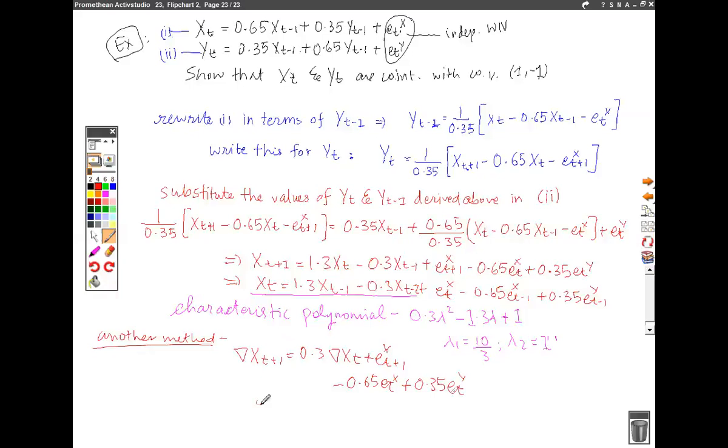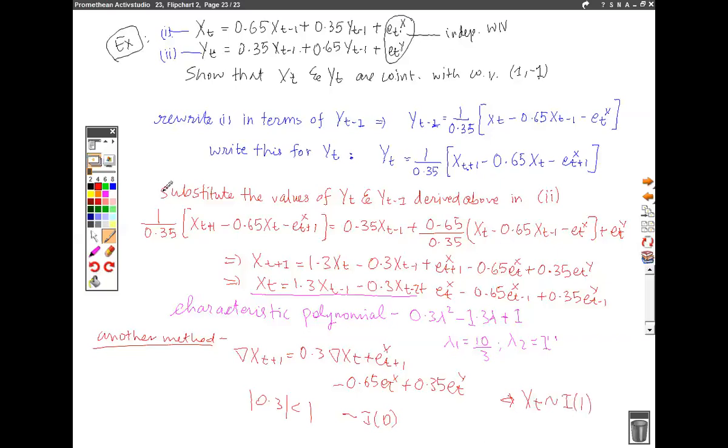And as we know that 0.3 in absolute terms is less than 1, which is why I want it to be less than 1, the process is clearly I0. So all of this implies that my xt is an I1 process.